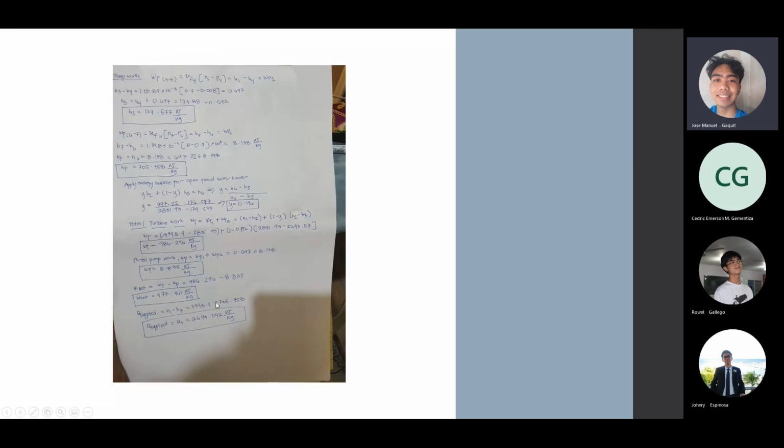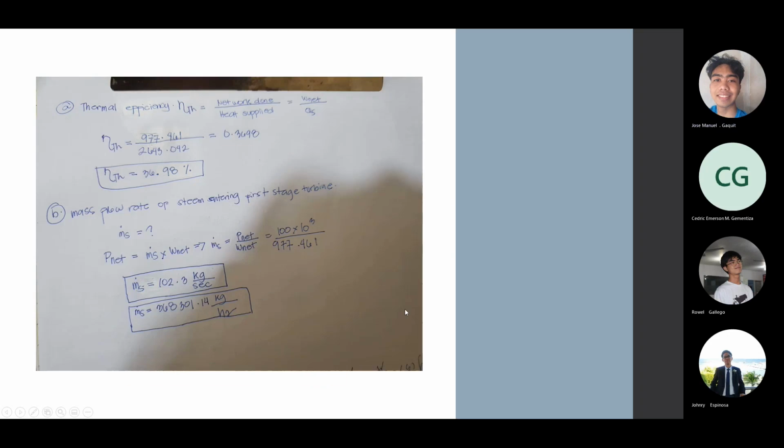So the turbine work is 986.296 kilojoules per kilogram. And for the total pump work, we add the first and second pump works. So we get 8.835 kilojoules per kilogram. This is basically the previous one, but I apologize for not having it here.